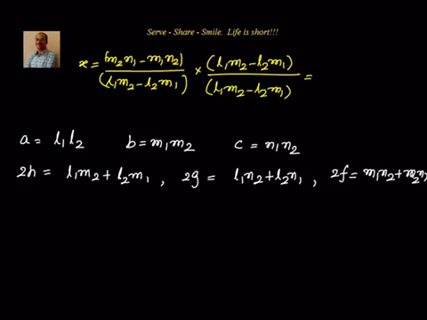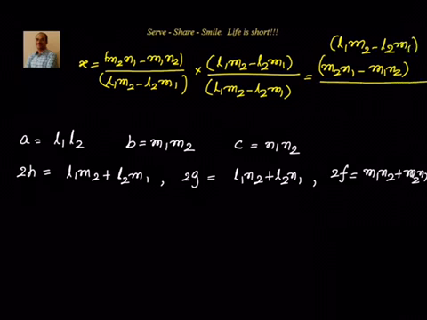So this will become M2 N1 minus M1 N2, multiplied with L1 M2 minus L2 M1, divided by L1 M2 minus L2 M1 whole square.